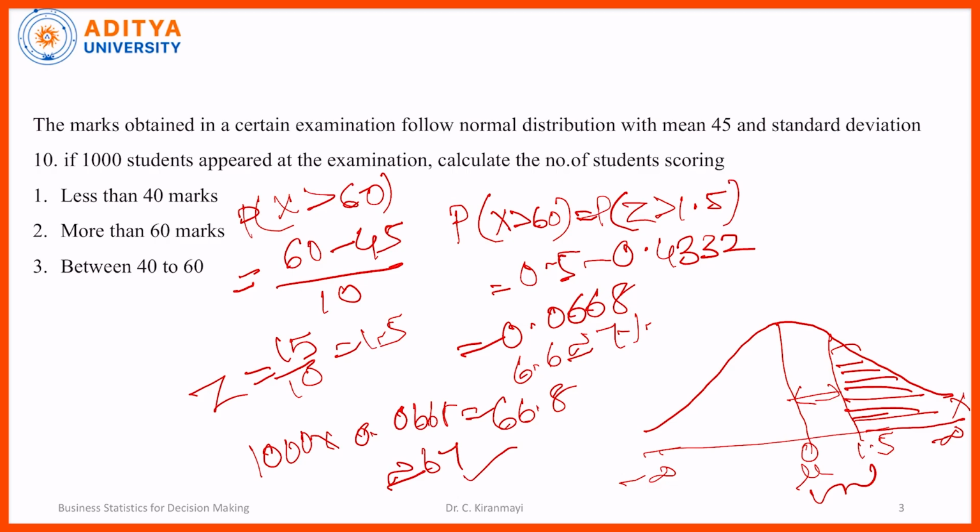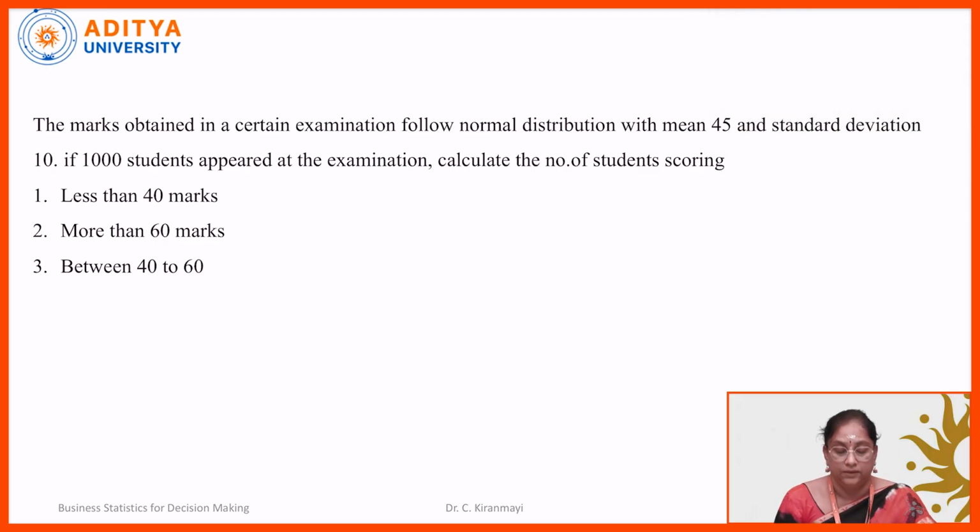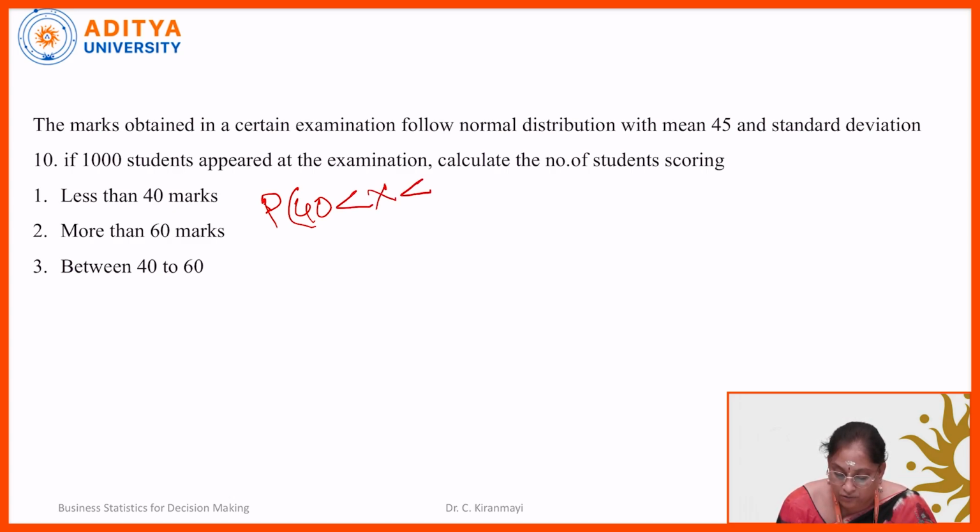And coming to the next one, the last value, we have to find how many students scored between 40 and 60 marks. For this, first we have to find the Z value for 40.